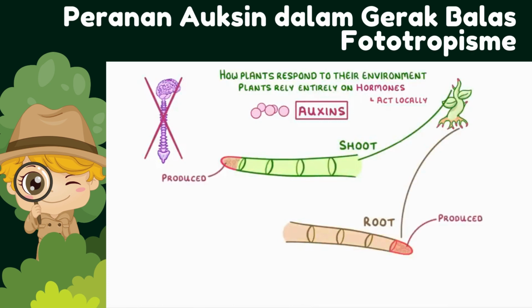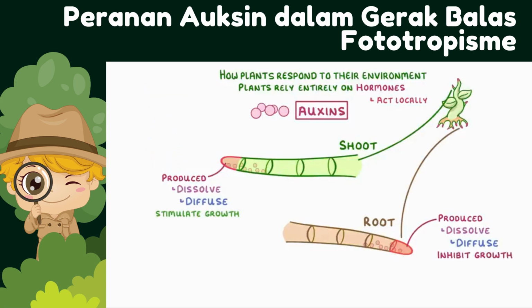Once these auxins are produced in the tips, they then dissolve in the solution of the cells and diffuse backwards along the shoot or the root. In the shoots, these auxins stimulate growth, causing the shoots to grow. But in the roots, they do the opposite and inhibit growth.